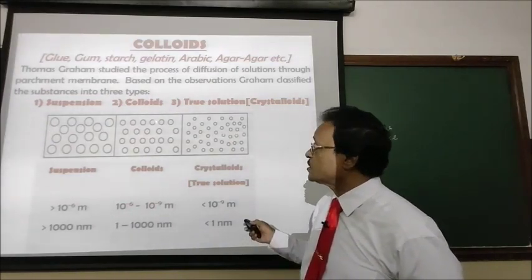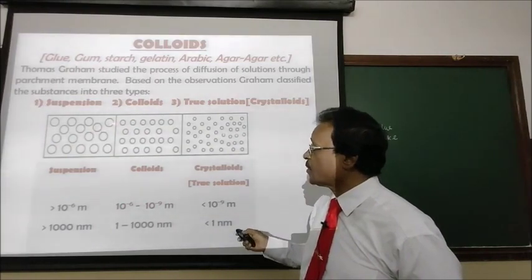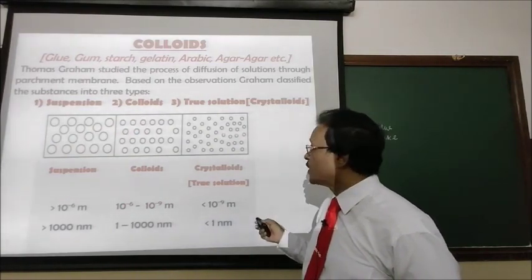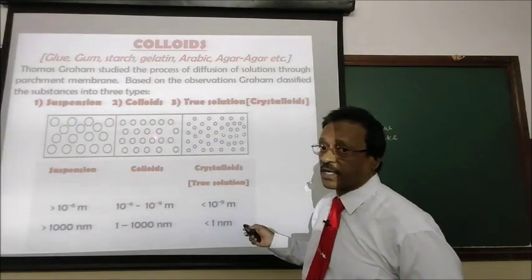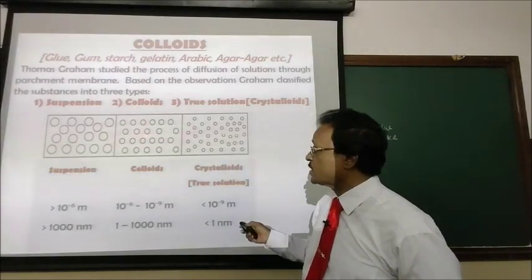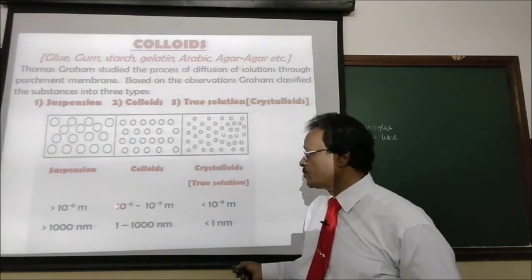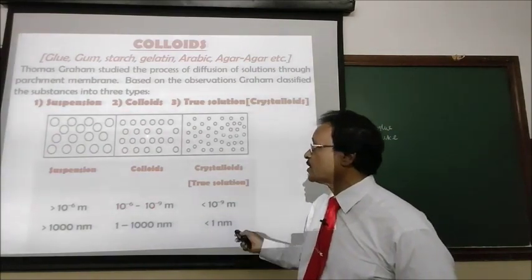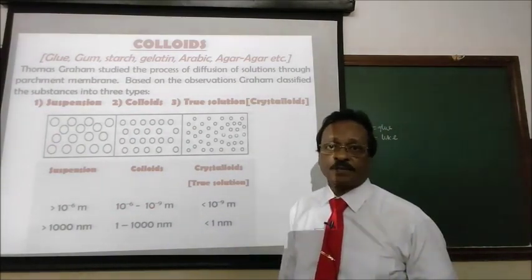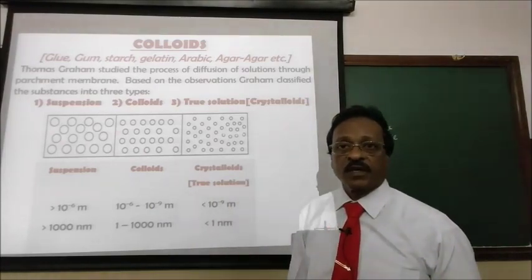The particle size of these colloids is smaller than the particles of the suspension but bigger than the particles of the crystallites. So based on the particle size, it may be solid, liquid or gas whose particle size varies between 10 power minus 6 to minus 9 meter. They are called the colloids. So this is the basic definition for the term colloids.